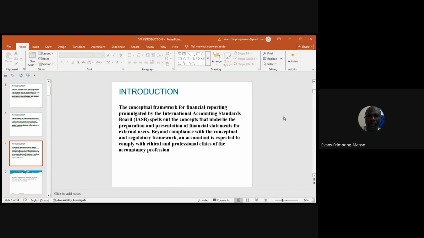Now, when you talk about the conceptual framework, it basically deals with concepts. That is the standards, how accountants will apply the concepts that underlie each standard and use them to prepare the financial statements.